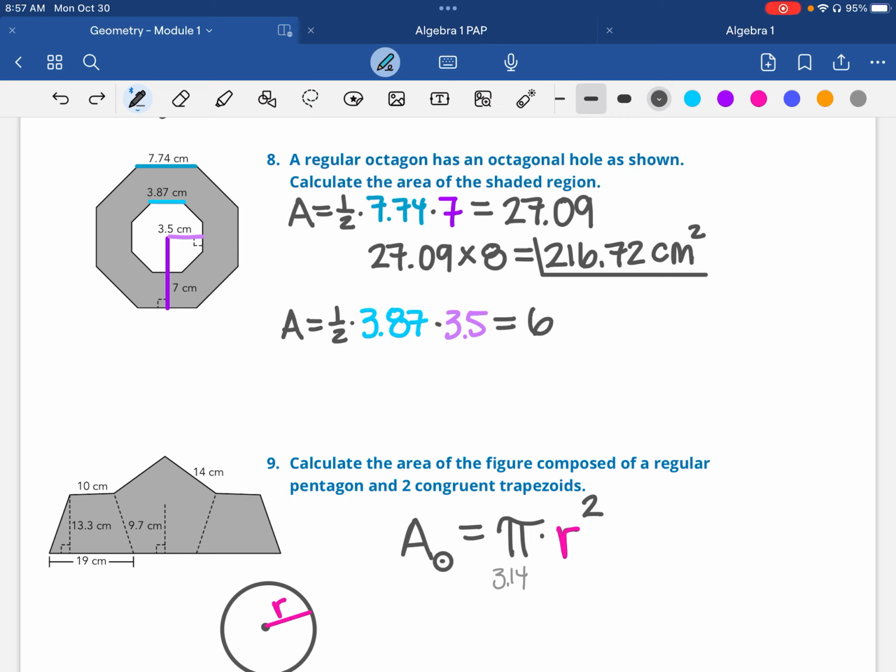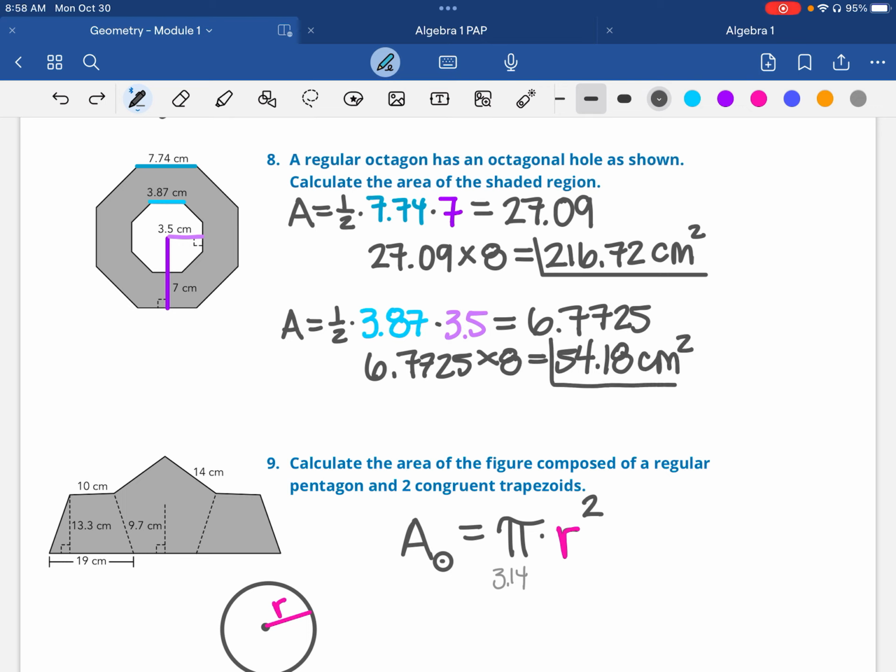It gives me 6.7725, and then I'm going to multiply that number times 8 because it's another octagon, giving me 54.18 centimeters squared. Now I have to decide what to do with these two numbers.